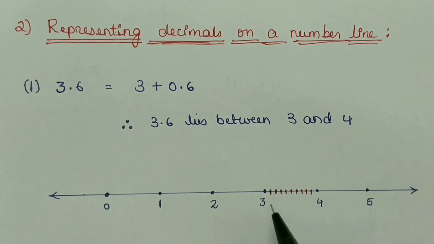If we divide 3 and 4 into 10 equal parts, 1, 2, 3, 4, 5, 6, 7, 8, 9, 10. 3.6 will be 3, 3.1, 3.2, 3.3, 3.4, 3.5, 3.6. Here 3.6 will be.